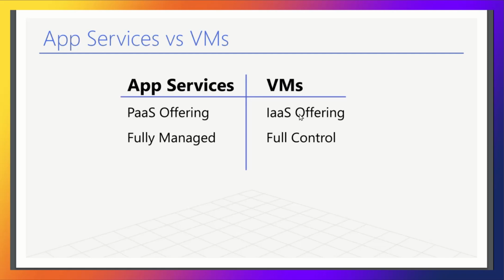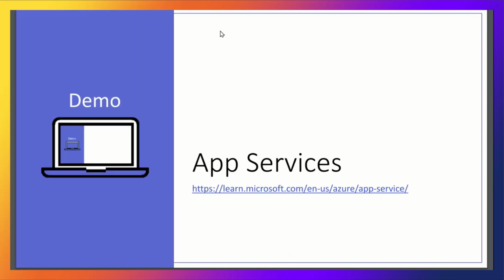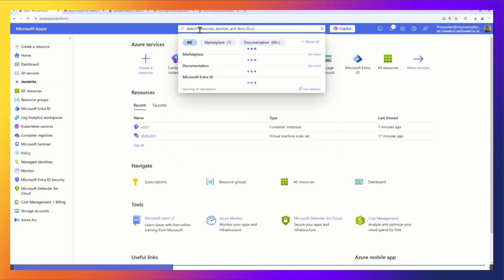A VM is an infrastructure as a service offering. Remember, it's very similar to an on-prem server. The app service is fully managed, so you have less control, whereas the VM is full control. You can touch all the dials on it and install different things and do all sorts of stuff. And now we will do the demo. I'm going to type app service.